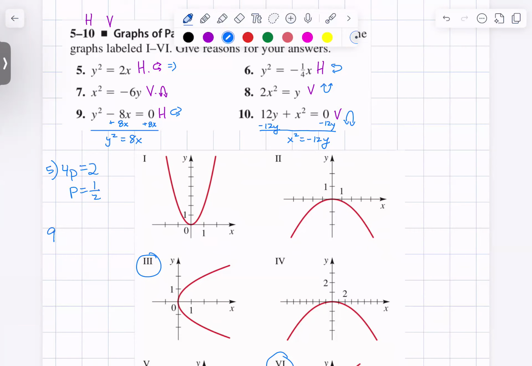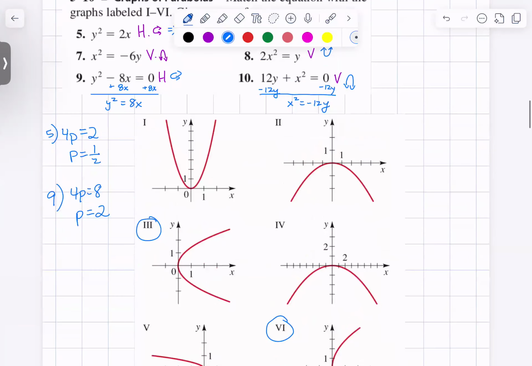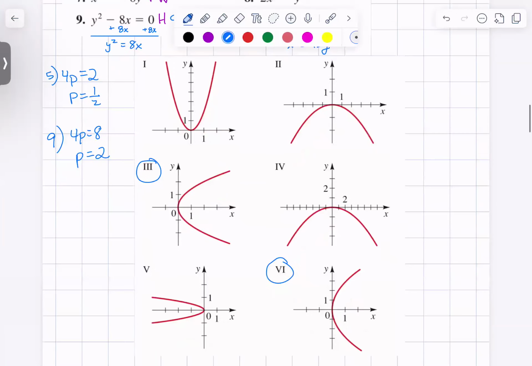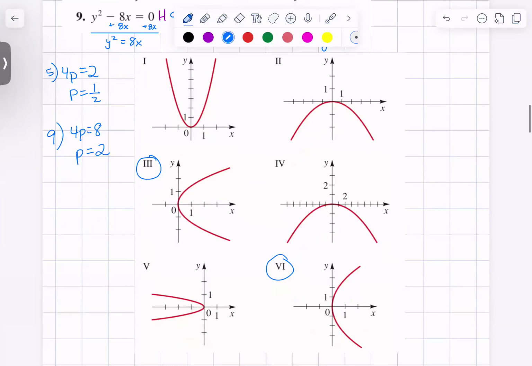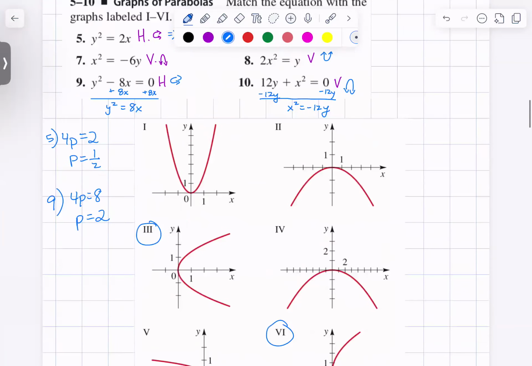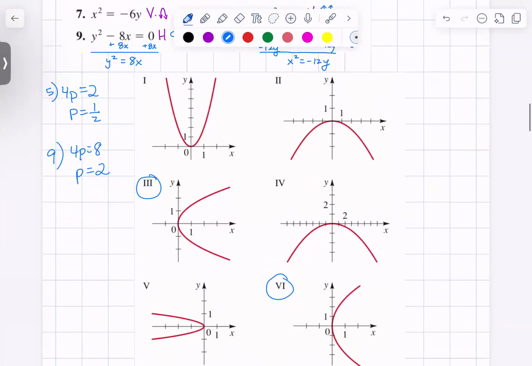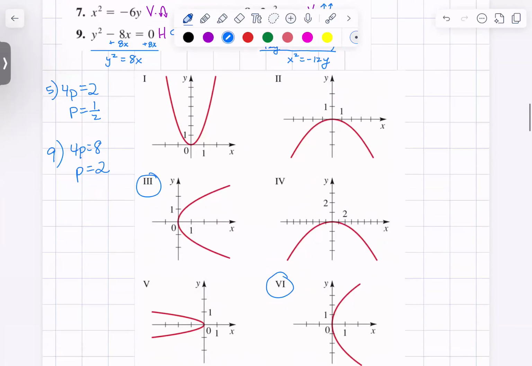For number 9, 4p equals 8 and p equals 2. Correct? So for number 5, what is it? 3.